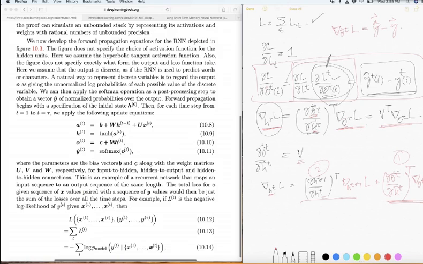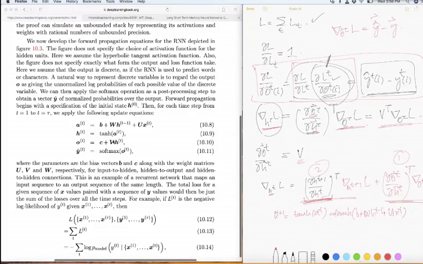How is h_{t+1} related to h_t? It is related like this: tanh of a_t, which is tanh of b plus W h_t plus U x_{t+1}.